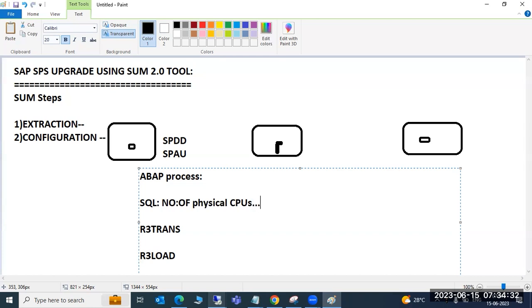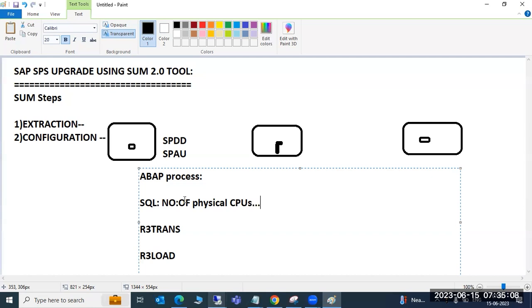SQL process means the number of physical CPU processes. Suppose you have 4 physical CPUs, you need to put 4 for the SQL process here. These parameters define how many processes run: if you put six, six parallel SQL statements run in the database at the same time; if you put seven, seven SQL statements will run at the same time. So this is the number of physical CPUs.